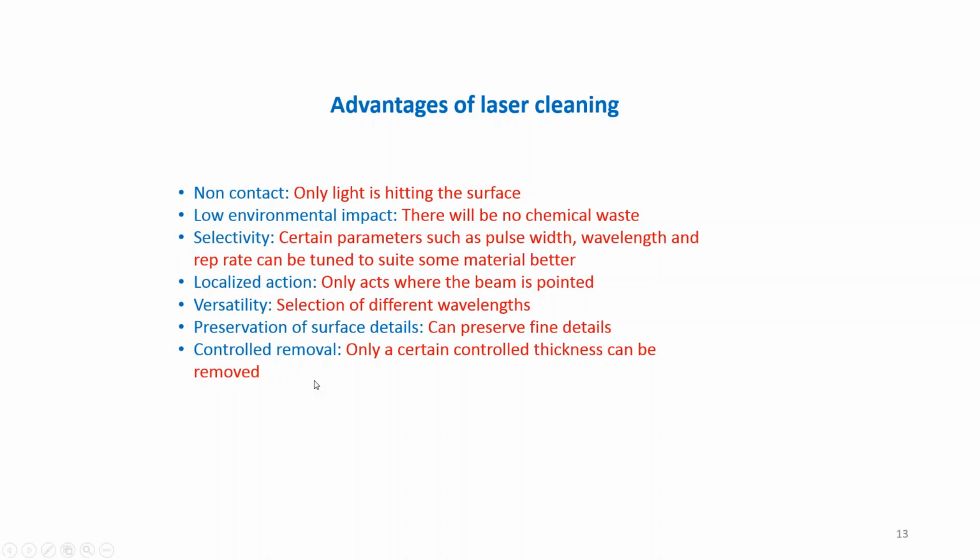Versatility, we talked about preservation of surface detail. If you use the correct wavelength and correct pulse width, you could preserve all the fine details of the surface. And controlled removal: only a certain controlled thickness can be removed depending on the parameters that are chosen.